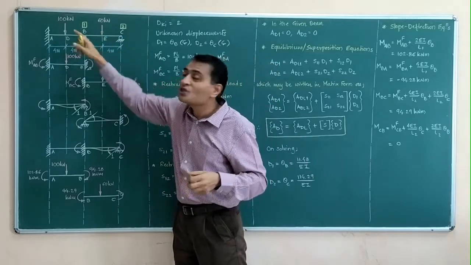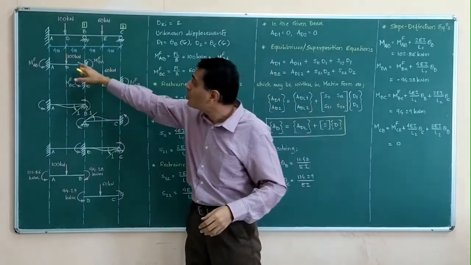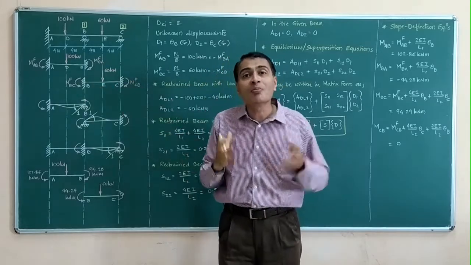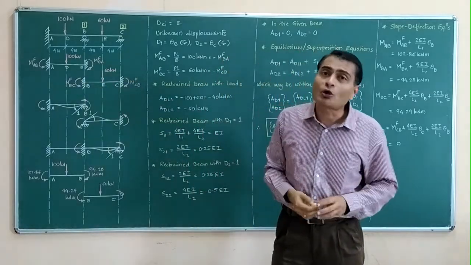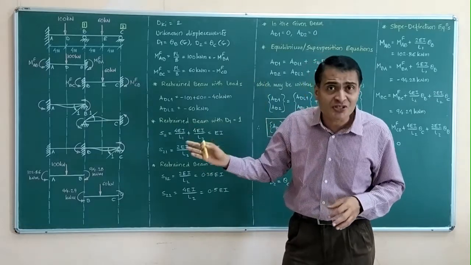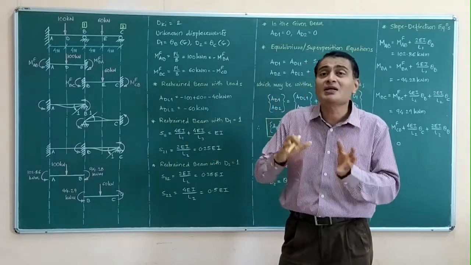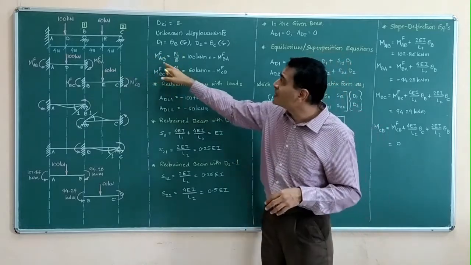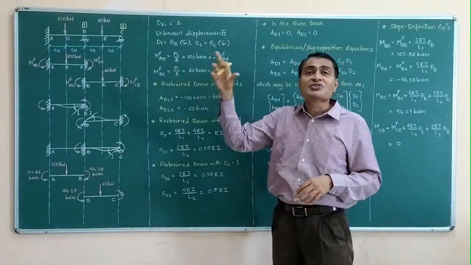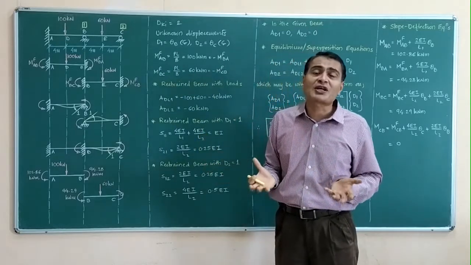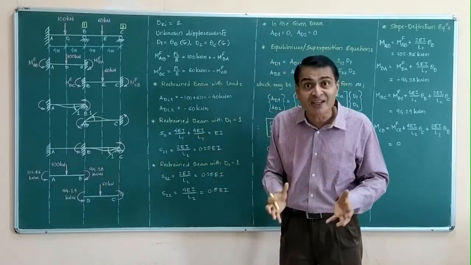And whatever original span loads are given, those loads I have shown here, and corresponding moments generated, we are calling as fixed end moments, MFAB, MFBC, MFCB and MFBA. So those fixed end moments I have calculated. Since we have point load acting at the mid span, we have a standard result PL upon 8.